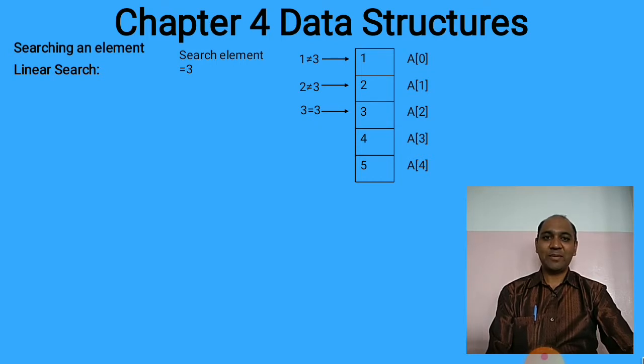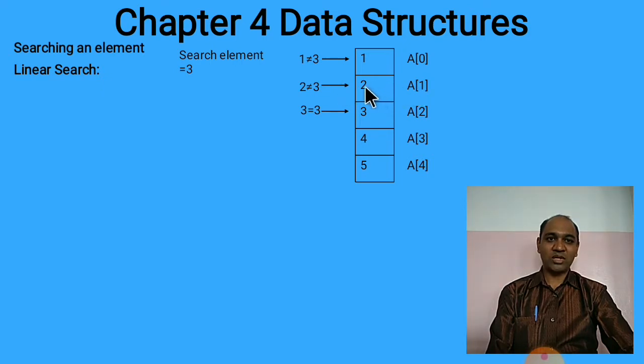Linear search, as the name itself suggests, means we are going to search for the element in sequential order from top to bottom. Here you can see in the diagram, the search element is taken as 3. In A of 0 we have 1, which is not equal to 3, and hence it moves to the next element.